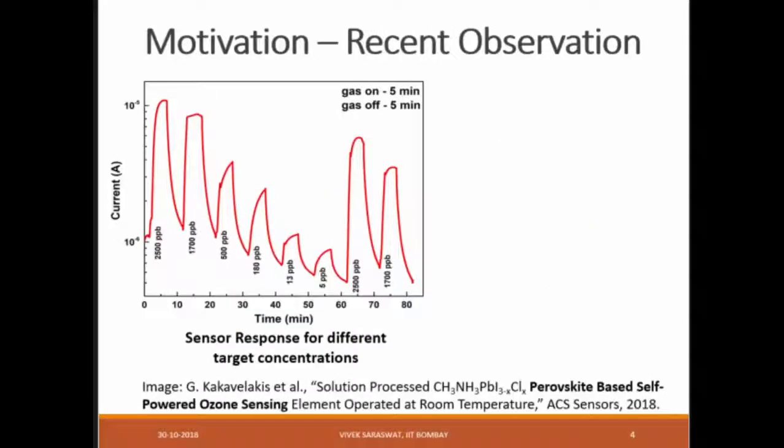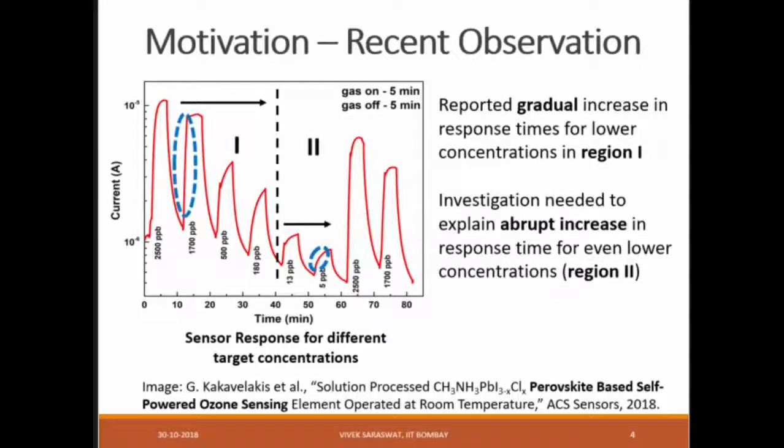What motivated this numerical study was one observation of ozone sensing on perovskite sensors. This was an experimental study, and here we are seeing that there is some sensor response for different concentrations of the ambient ozone, and they identified two regions with respect to the response time.